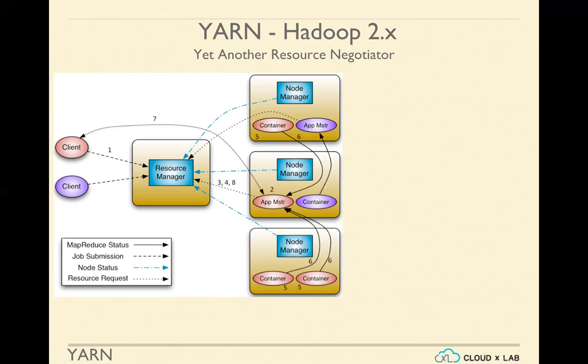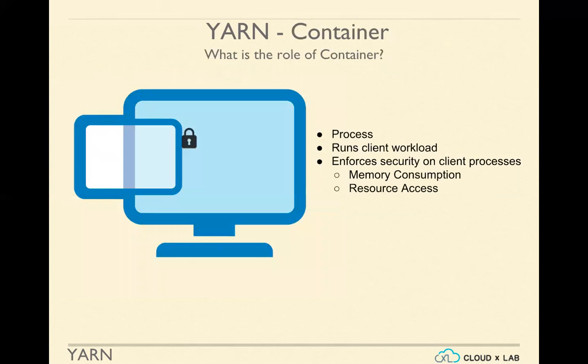When somebody asks the node manager to do something, instead of doing it itself, it'll create containers in which it'll execute the customer's logic. Why do we need a container? Because a container enforces security on client processes. There are memory consumption constraints, resource access constraints, and so on. Do I make sense, Asim?